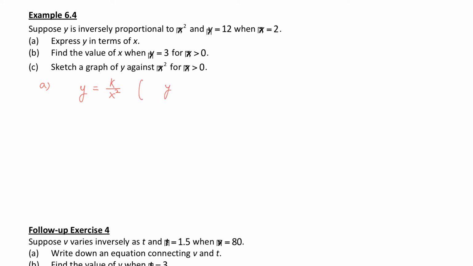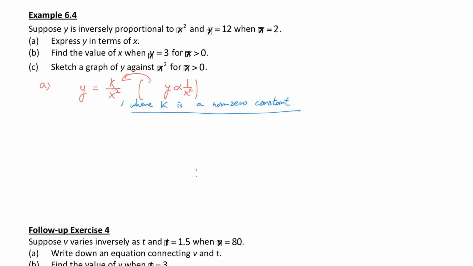Maybe you can write down this step first: y is directly proportional to 1 over x squared. And then this is the second step. Remember to write down where k is a non-zero constant, because this constant is defined by you, so you need to describe the meaning of k.